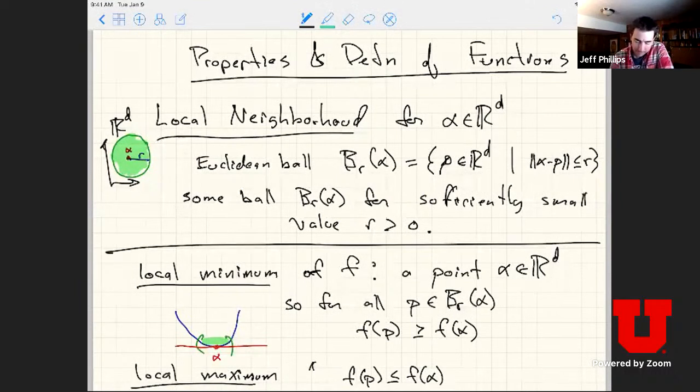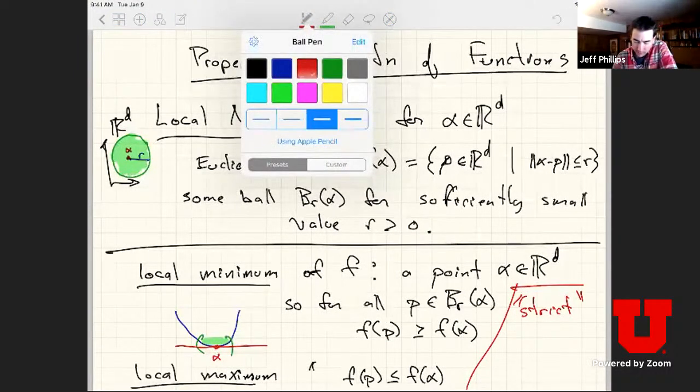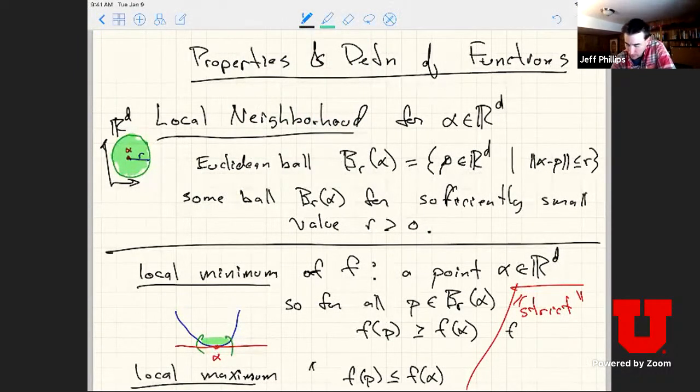And then we also say that these are strict if instead it's f of p greater than f of alpha for p not equal to alpha, and f of p less than f of alpha for p not equal to alpha, right?